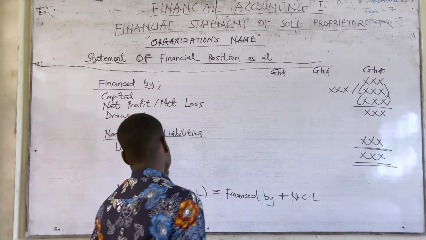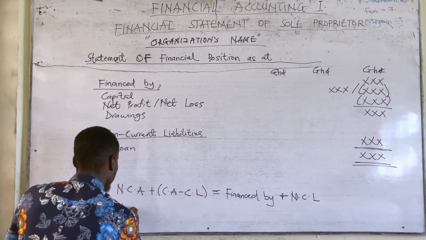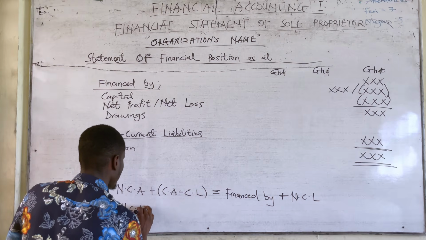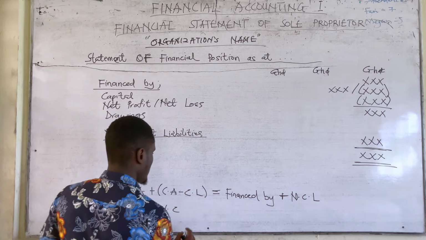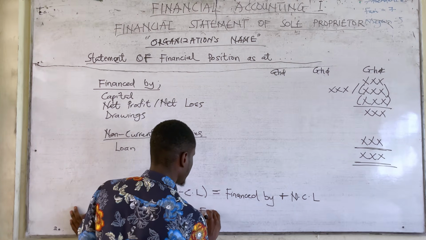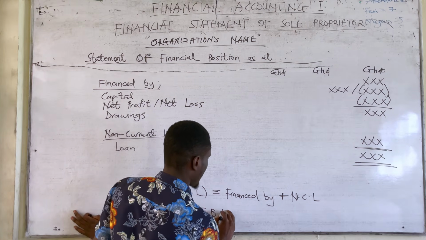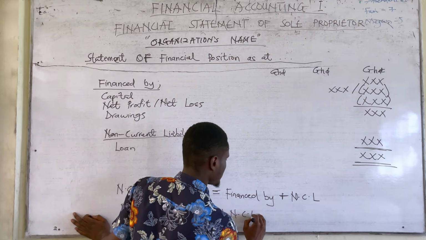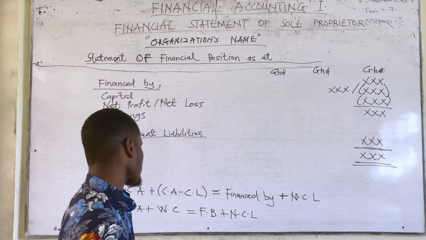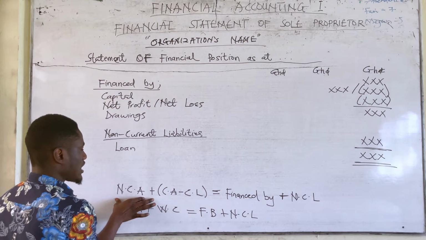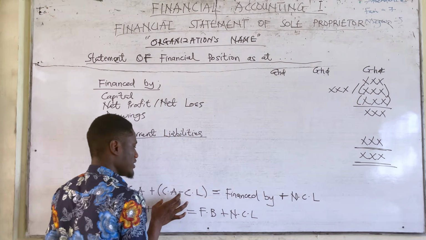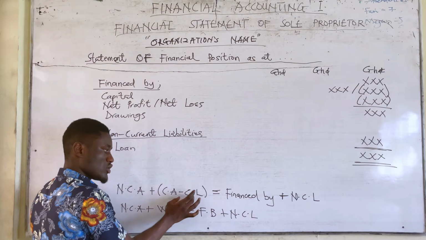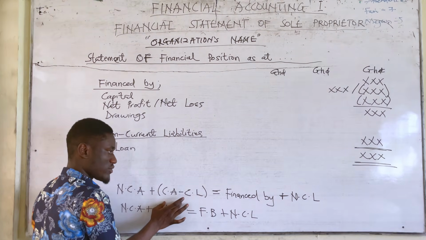You get it? Good. So it's basically non-current assets plus our working capital has to be equal to the finance part plus the non-current liabilities. Do you get it? See, first of all, we added our non-current assets, we left the amount there, went on to calculate the current assets, totaled them, subtracted the current liabilities from them.